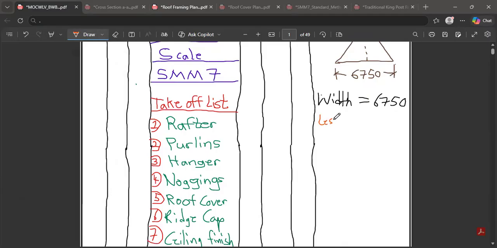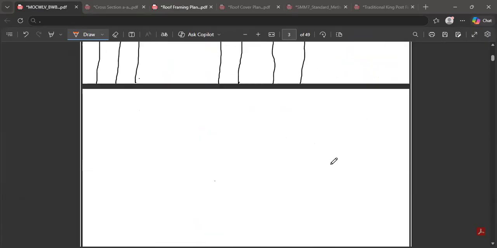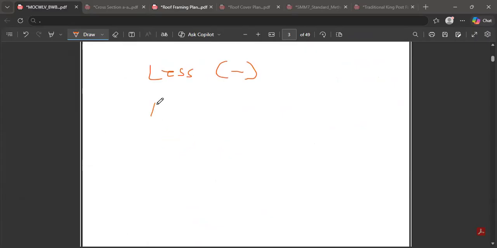Less means subtract. Before we proceed, let me give you some few symbols. Less means to subtract in the measurement of construction. Add means we are doing addition. So this symbol means addition. If we are talking about multiplication, we normally use this sign.